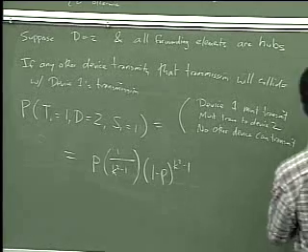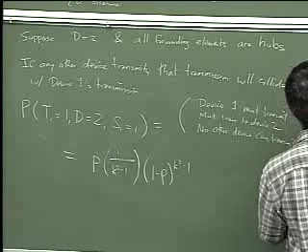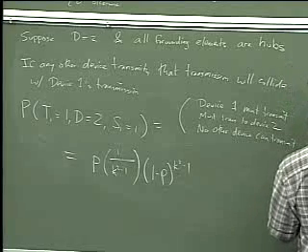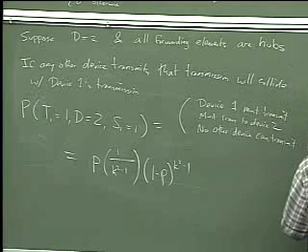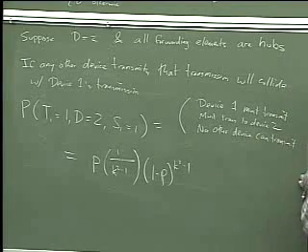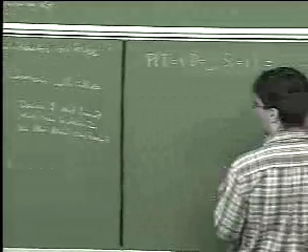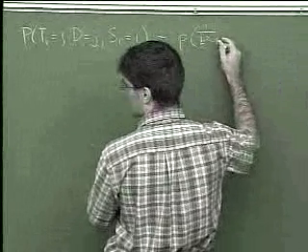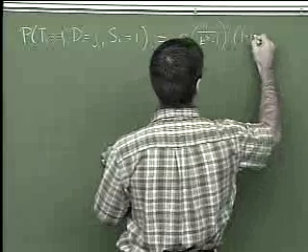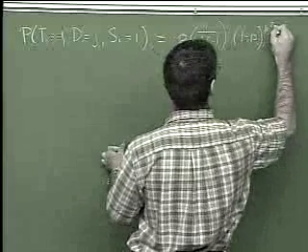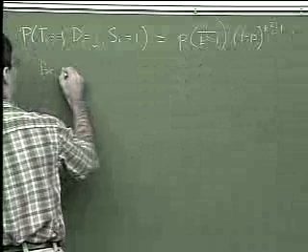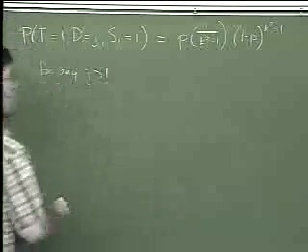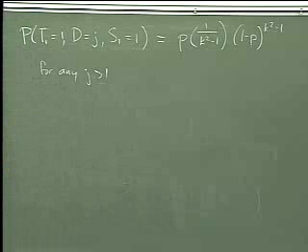And I would claim that P of T1 equals 1, D equals J, S1 equals 1, equals this value also, for any J greater than 1, right? The destination really didn't matter in this case. Wherever it chose to transmit to, there's the same probability. No other device can transmit.